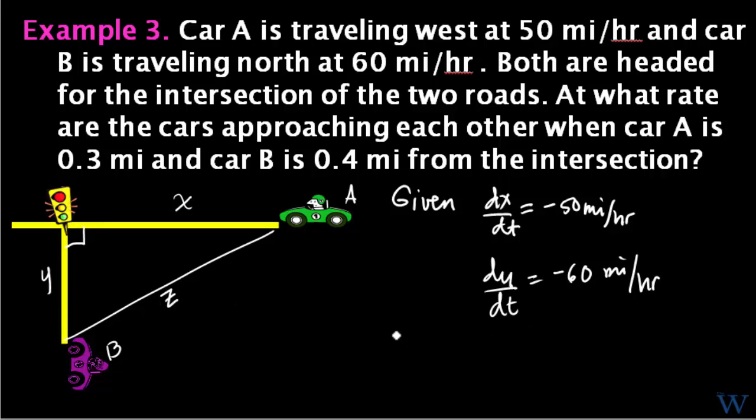And so the question is, we are to find dz by dt, at the instant when x is 0.3 and when y is 0.4.